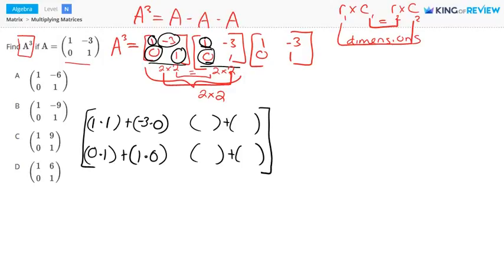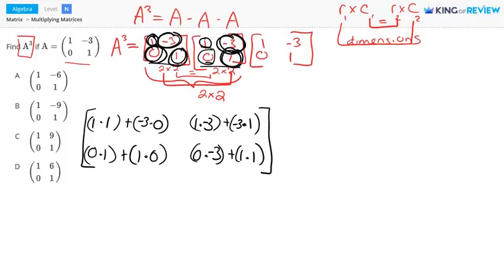So we have 1 times negative 3 plus negative 3 times 1. And the final entry is 0 times negative 3 plus 1 times 1.